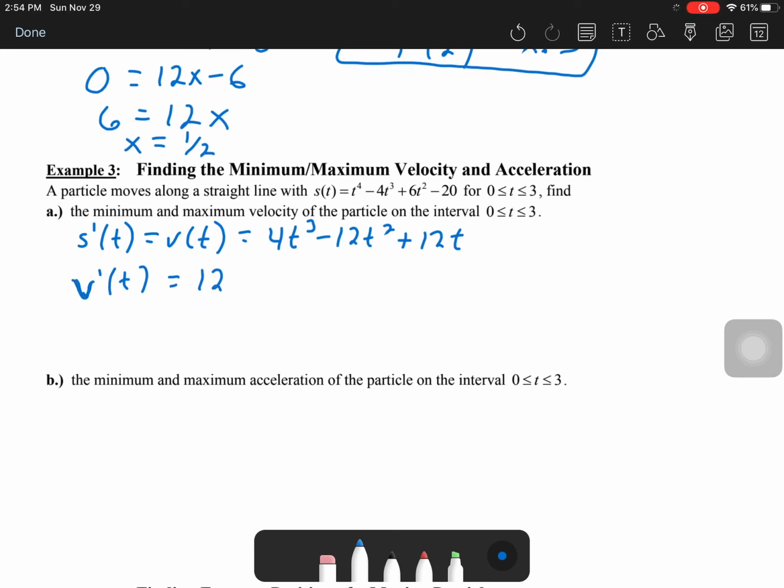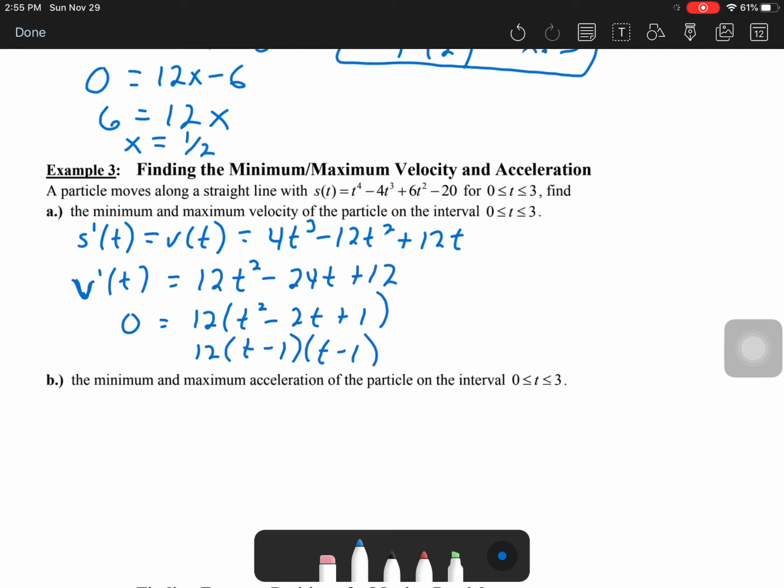So v prime of t is going to be 12t squared minus 24t plus 12. And I'm going to set that equal to 0. I'm going to factor out the 12, giving t squared minus 2t plus 1. And that's going to factor into t minus 1 and t minus 1.